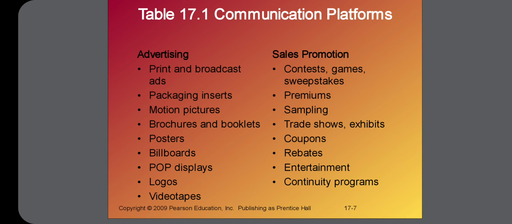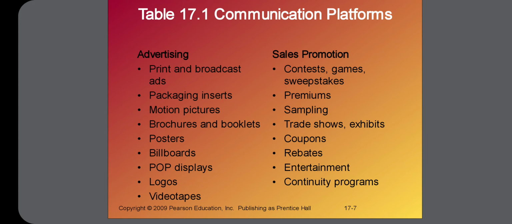Premiums are products integrated or added to a product a customer purchased. For example, I purchased a polo coupled with a tie. Sampling refers to free products offered to customers so that they will try the product prior to buying.